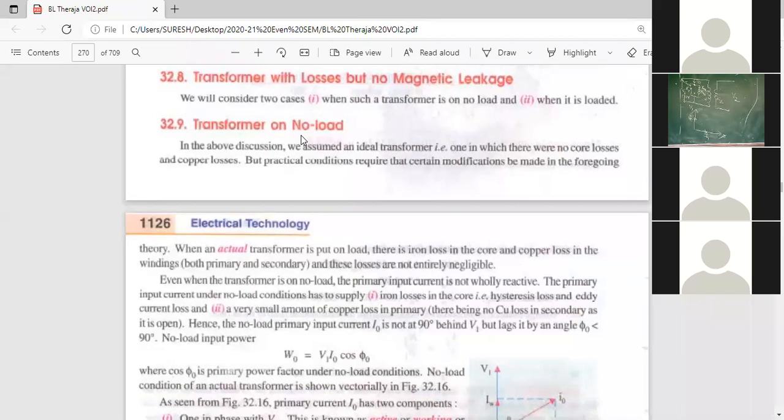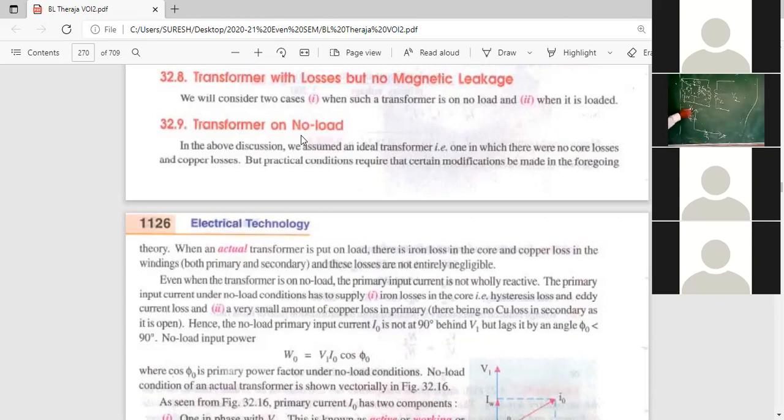A resistance RE is there. In resistance, the angle between voltage and current is 0 degrees, but in inductance, current lags the voltage by 90 degrees.